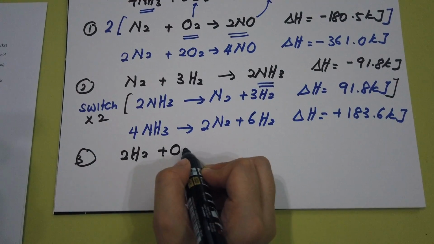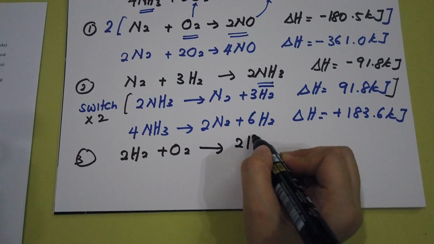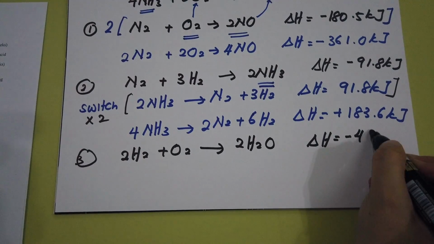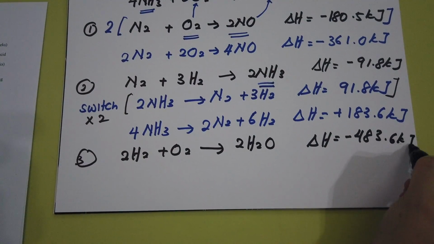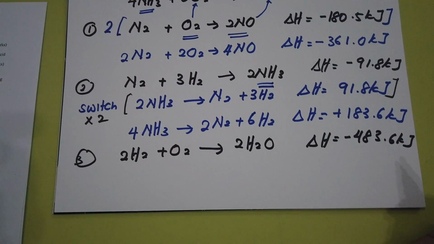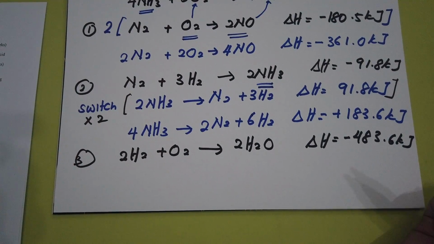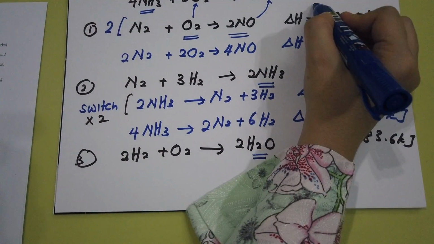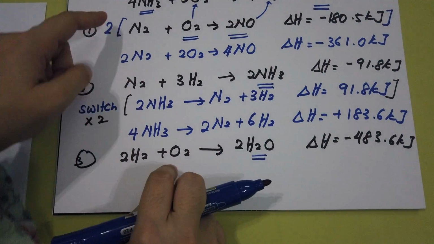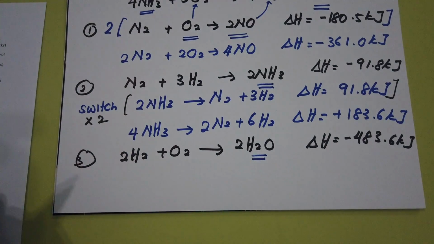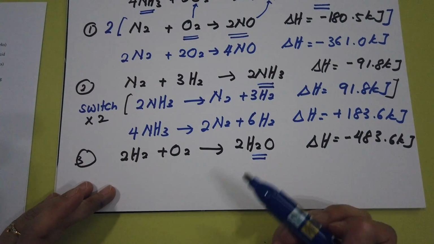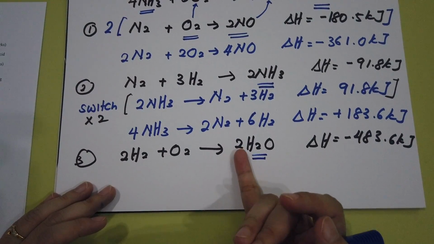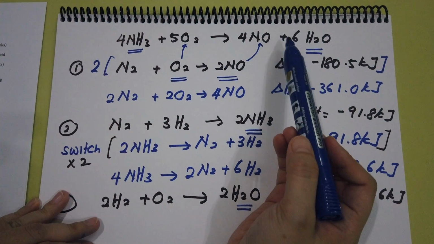The last equation, the third one, is 2H2 plus oxygen will produce 2H2O, where your delta H is equivalent to negative 483.6 kilojoule. The same drill, you check which one of these matches your target equation. For this case it is water. The rest is not associated with your target equation. The positioning is correct, where your water should be in the product. Only that you have only 2, but you need to have 6.